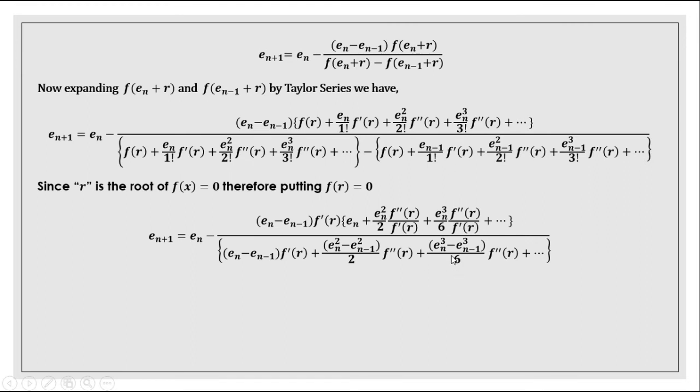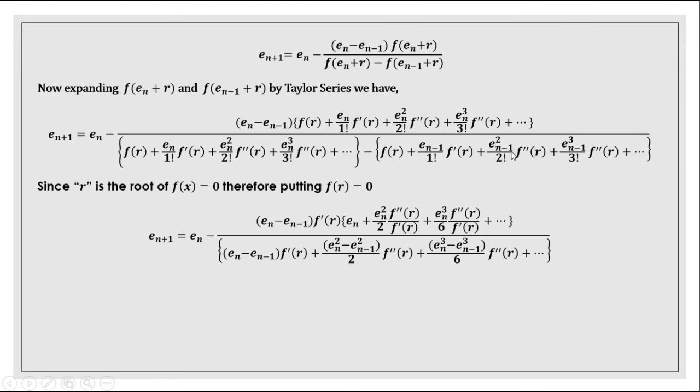So I have substituted the value of the factorial, and as well f of r and minus f of r. So these two will be cancelled out with each other, and from here we can take f prime of r common from these two terms, so we will get en minus 1 because 1 factorial is 1, and we no need to write 1 factorial or en divided by 1.